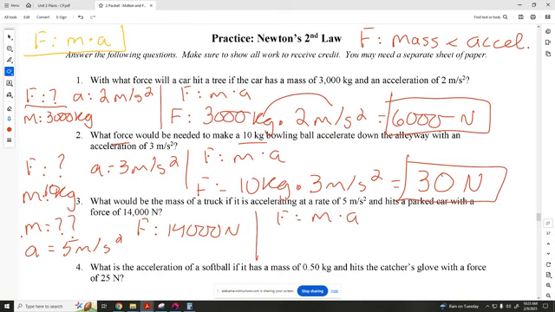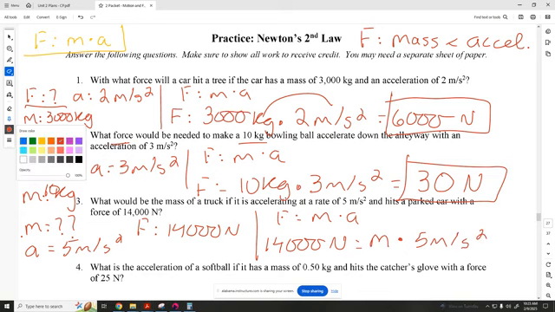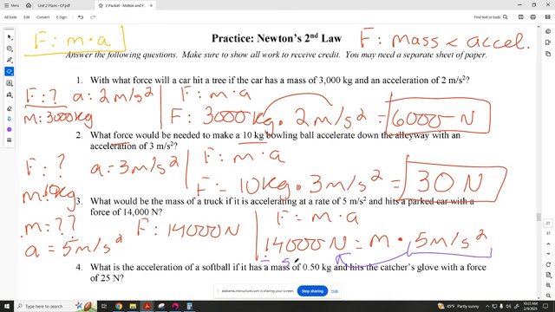I know my force is 14,000 newtons, which is equal to mass, what I'm looking for, times my acceleration, which is 5 meters per second squared. Anytime I have a variable, I want to get it on one side of the equal sign by itself. So I'm going to move times 5 meters per second squared over, flip the sign, multiplying becomes dividing, so I'm going to divide by 5 meters per second squared.